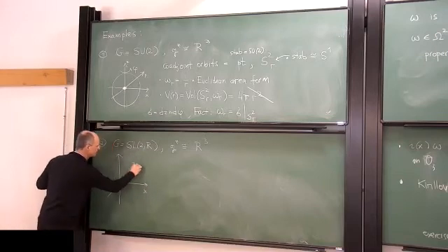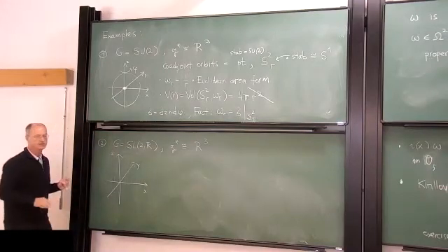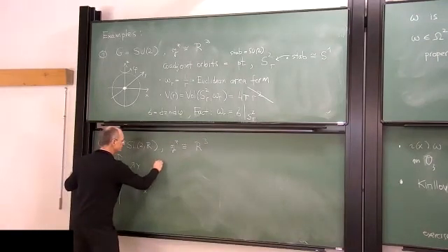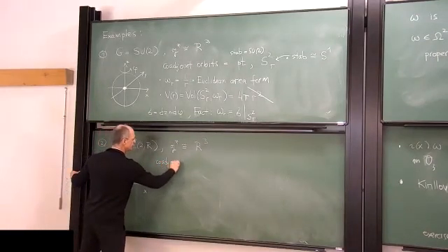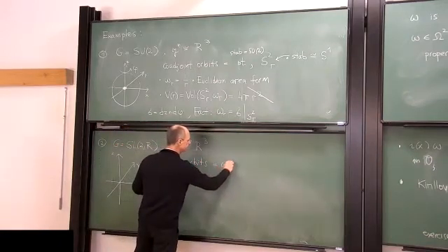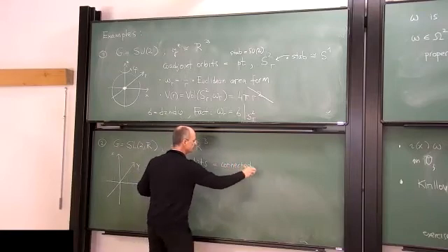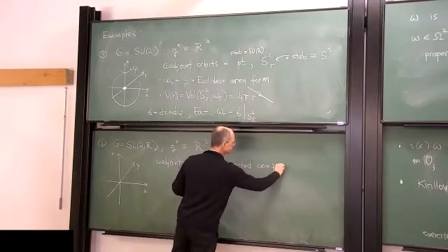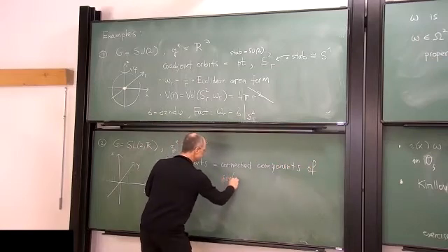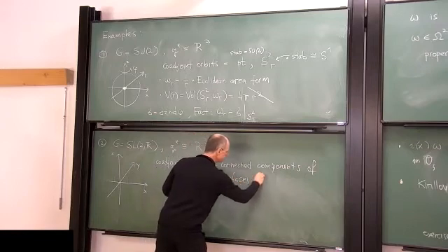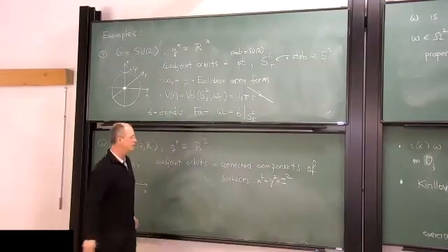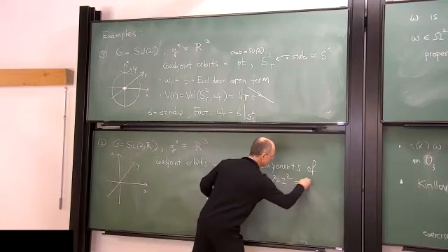I'll introduce some coordinate system X, Y, and Z, and maybe I do a picture. So coadjoint orbits will be connected components of surfaces where the function x squared plus y squared minus z squared is fixed.